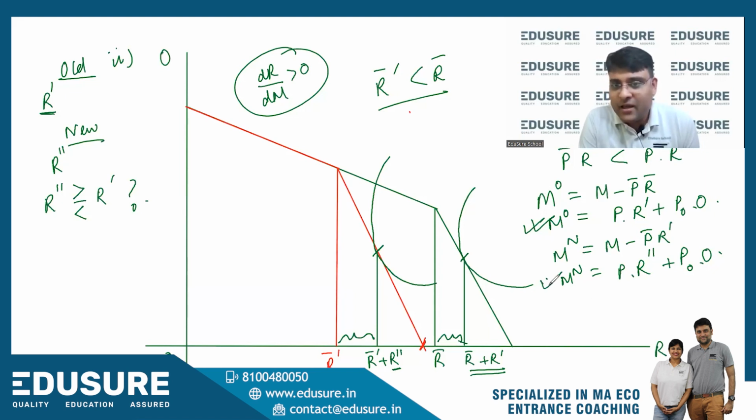This is the money that I have left after I buy the new ration amount. Now the money income left after I exhaust R bar dash will obviously be greater than M naught, because P bar R bar dash is less than P bar R bar.